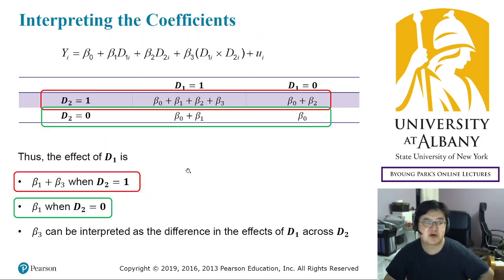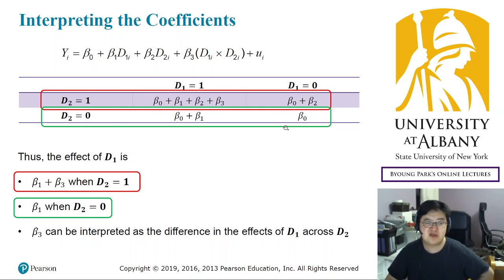So I will skip this part and let's think about this table. It is a 2 by 2 table where the first column denotes D1 equals 1, the second column denotes D1 equals 0, and the first row denotes D2 equals 1, the second D2 equals 0.